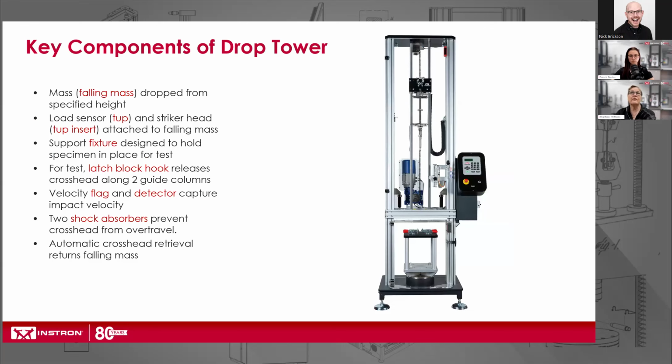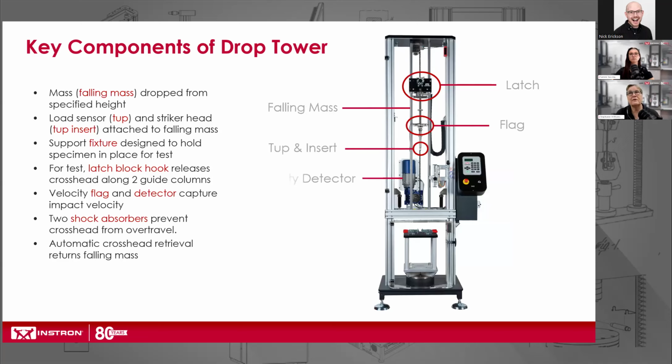Key components to a drop tower: we have a latch that the falling mass is attached to. Attached to that falling mass, we have a flag that will provide us with our velocity, or speed at which the mass is traveling.